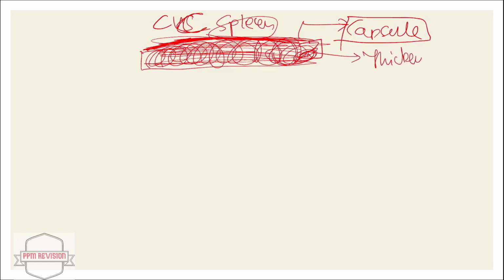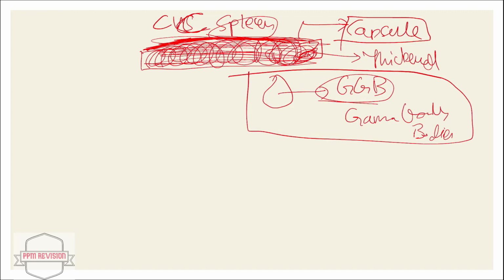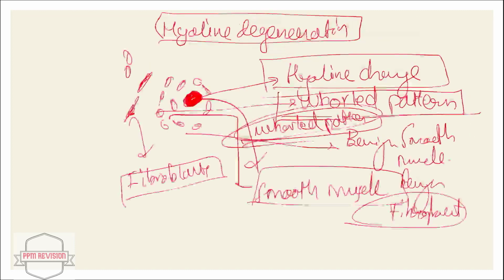It is thickened, right? And then there's presence of the Gamna-Gandy bodies, GGB. That can be an easy question. The presence of Gamna-Gandy bodies is seen in case of... they can give a very long history. In case the history is very long, the answer you can find with a single word.